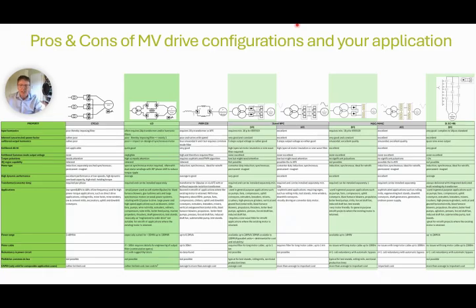When equipped with an active front end, the 3-level neutral point clamped and the Modular Multilevel converter MMC are also able to operate with clean input power, generating minimal harmonic distortion.